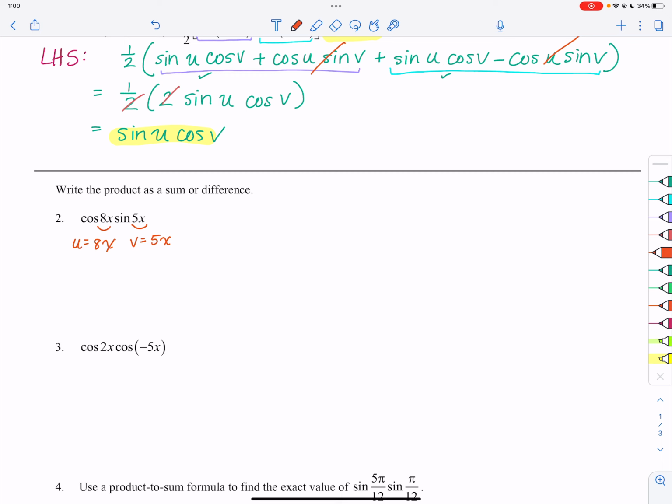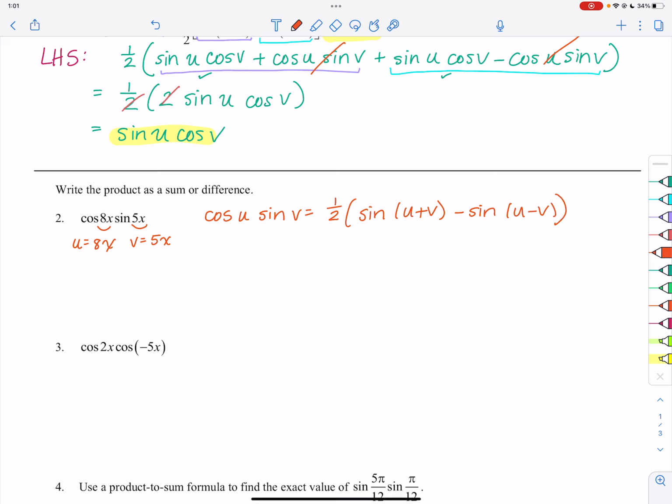Now we have that the cosine of u multiplied by the sine of v is 1/2 multiplied by the sine of u plus v minus the sine of u minus v.